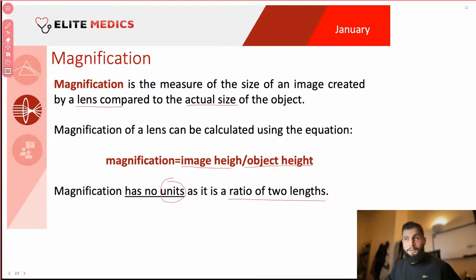What does that mean? I said 1. When I said 1, I said a magnification with image height of 1 and object height of 1 is 1.